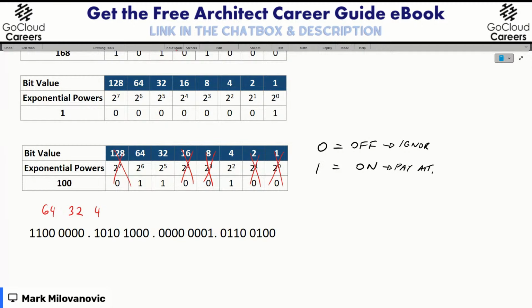So now, as I mentioned, it simply is addition. I want to figure out the total sum of the values that I want to pay attention to. So this would mean I'm going to add 64, 32, and 4. And since I know my math was correct before, because you guys confirmed it for me, I know that equals 100.